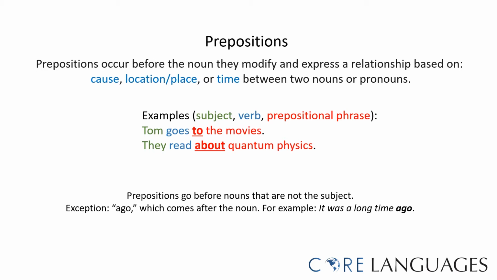About quantum physics is the prepositional phrase. And about shows the relationship between they and quantum physics. Their house is across the street. Across the street is the prepositional phrase, and the preposition across shows the relationship between their house and the street.